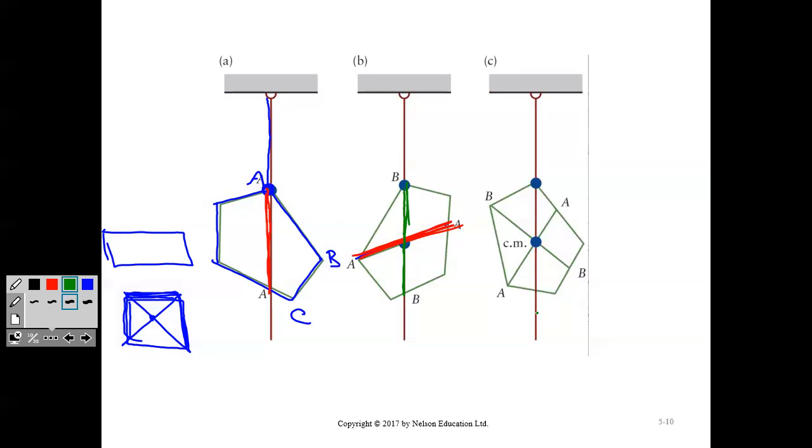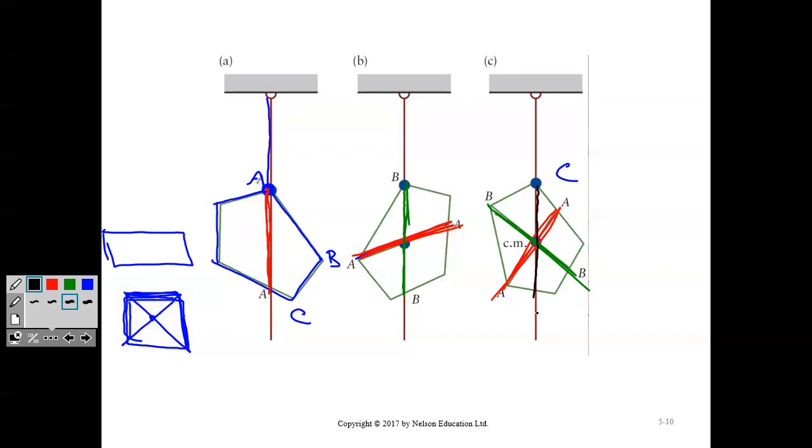So you can confirm it. Now let me hang it at the point C. It should go through the same point which is already drawn. So this is your first line. This is your second line. Now the third one, when you hang it on point C, will exactly go through that point.